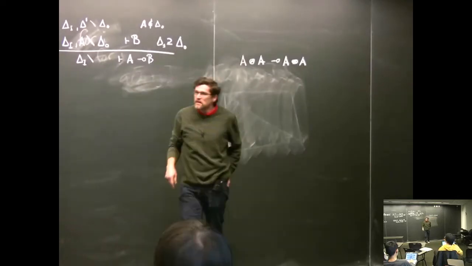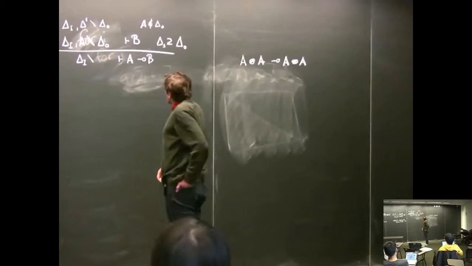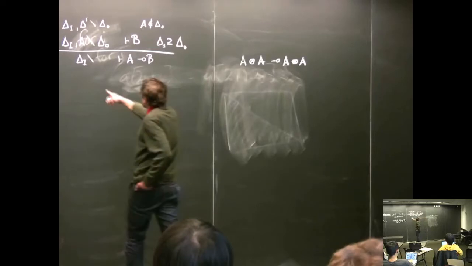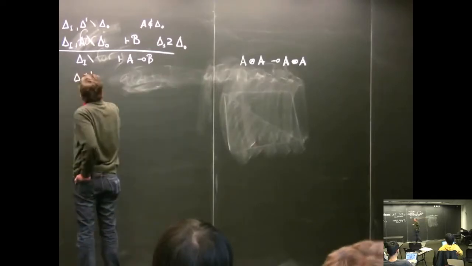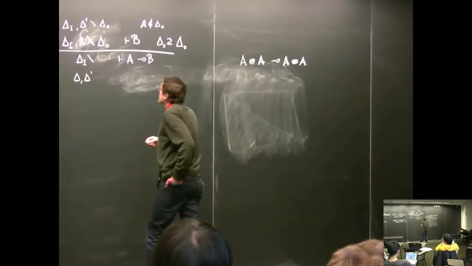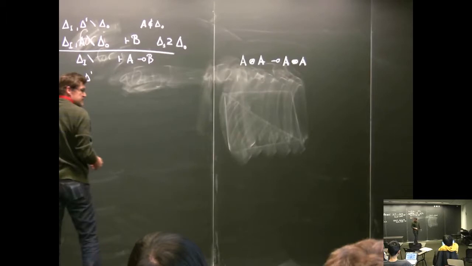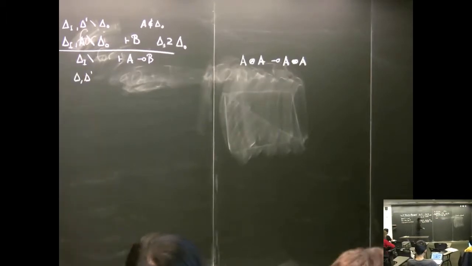Yeah? We should write delta, comma, delta prime instead of delta I. Here? Yes. And so on the upside, we will add A, and output will be delta prime. Okay, let me write it again over here.